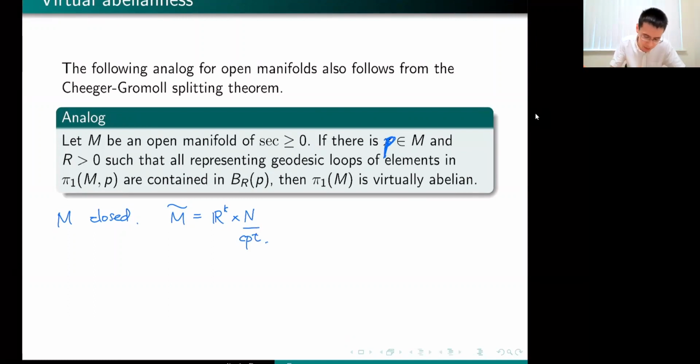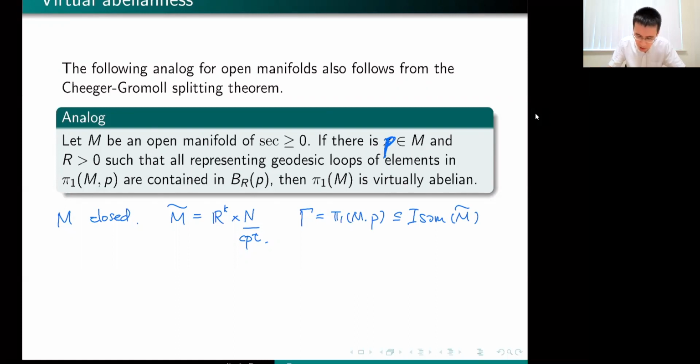The fundamental group acts isometrically on the universal cover via path lifting. In this way, we can view this Gamma, where Gamma is the fundamental group, as a subgroup of the isometry group of M tilde. Here M tilde is the universal cover.